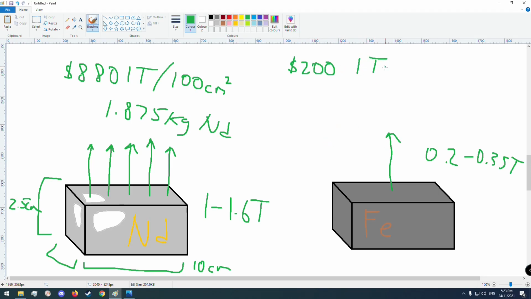So to get 1 Tesla at 100 square centimeters, it needs 0.2 Teslas at 500 square centimeters, or 50 centimeters by 10 centimeters. And in order to do this, it also needs 6.25 kilograms. So just going off mass alone, you can see neodymium magnets are about 3.5 times stronger per weight and 5 times stronger per volume than iron magnets.